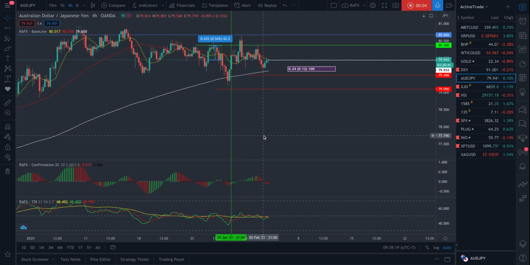Okay, good morning. So this is to try and record a trade idea using TradingView. I think this could be helpful as much as the previous one that I usually do in journaling my trades.